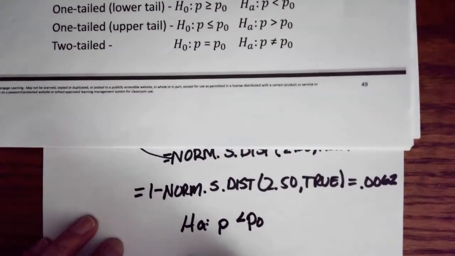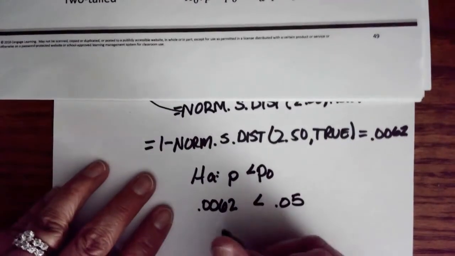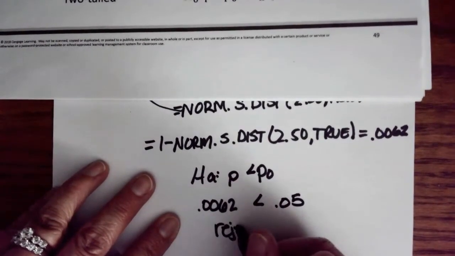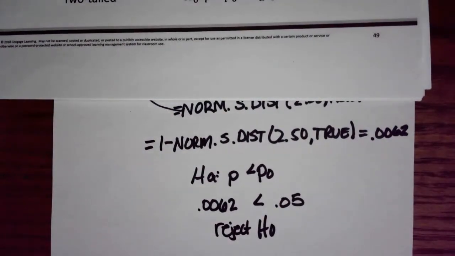In this case, we have 0.0062 is less than 0.05, so we reject the null hypothesis. It appears that it did increase the proportion of female golfers.